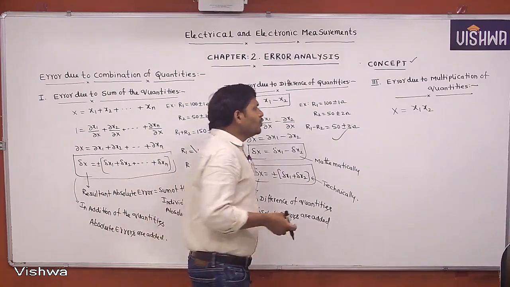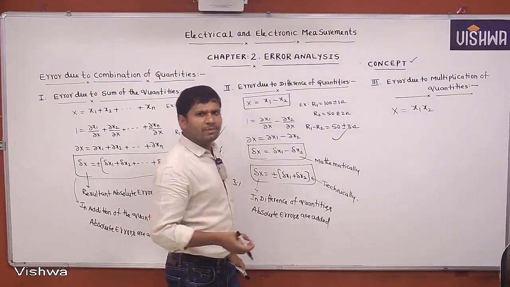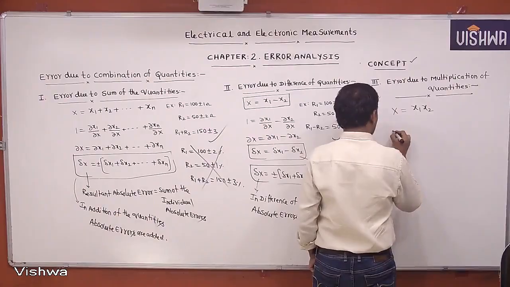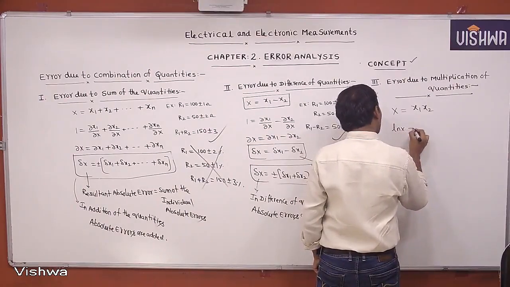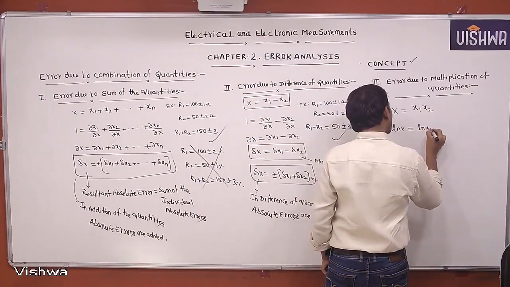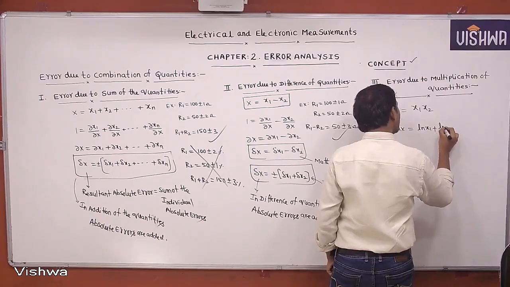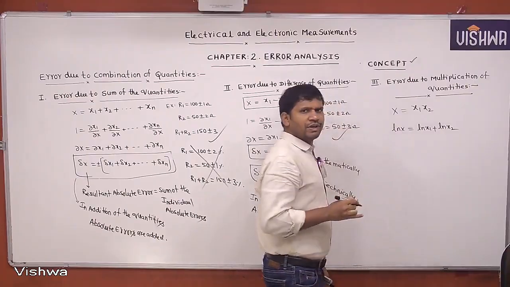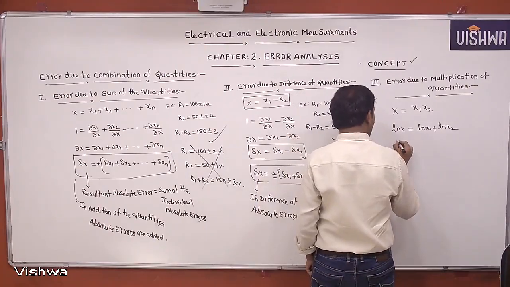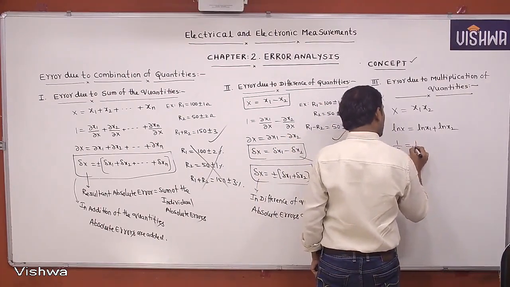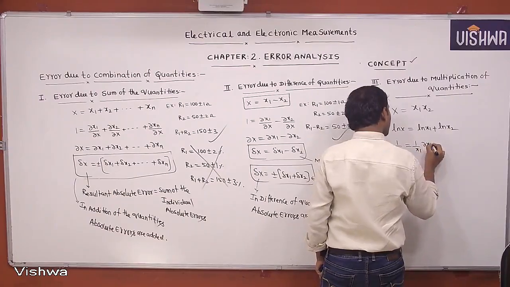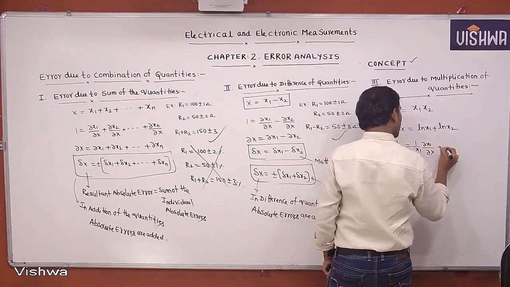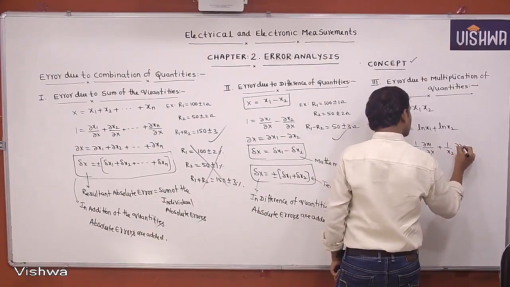Okay. Then to simplify this, take natural logarithm on both sides. Then what we get? ln of x equal to ln of x1 plus ln of x2. Partial differentiate both sides with respect to x. Then 1 by x equal to 1 by x1 partial differentiation with respect to x plus 1 by x2.